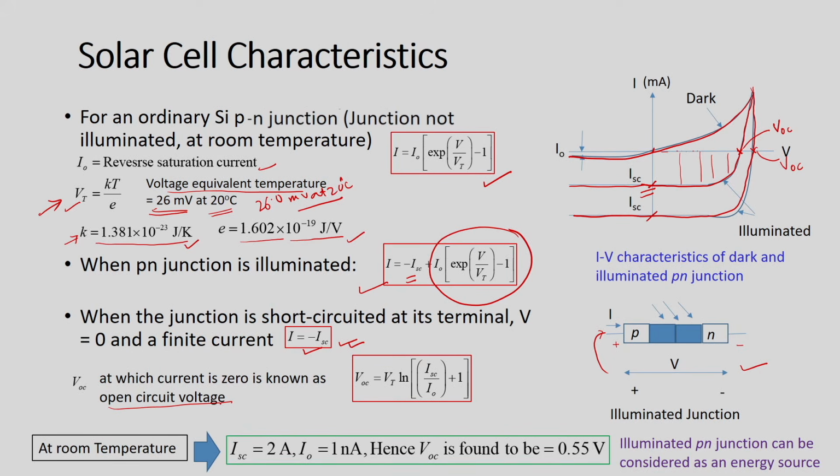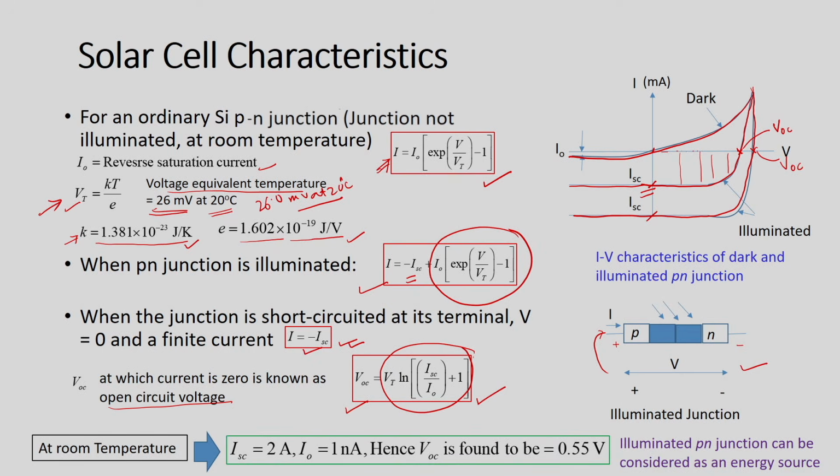If we substitute I is 0 in this equation and simplify, we get an expression for calculation of VOC. VOC is nothing but Vt multiplied by ln of ISC by I naught plus 1. So we can calculate the value of VOC by knowing these parameters.